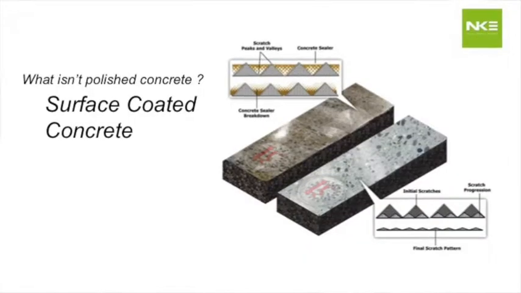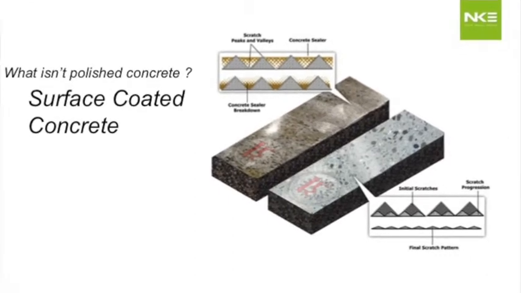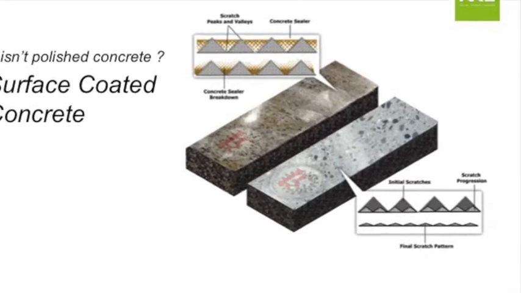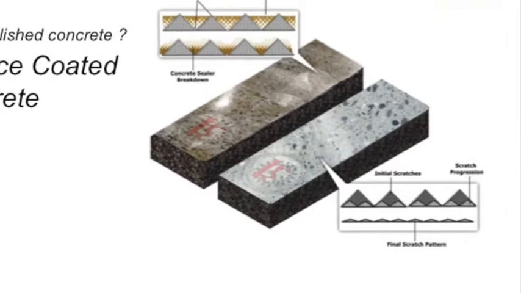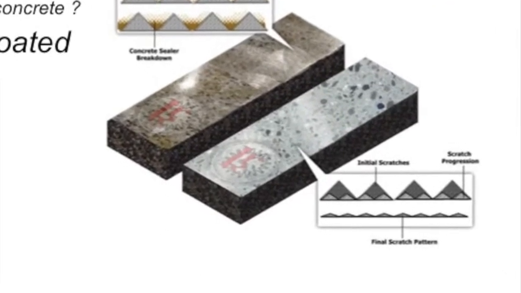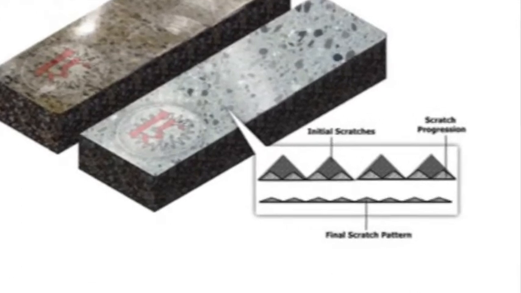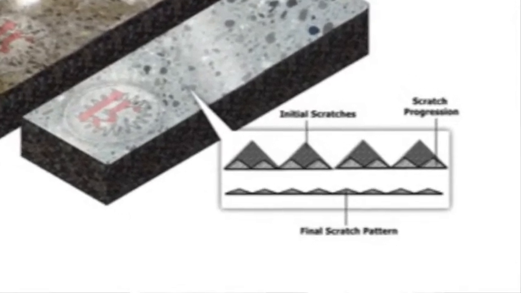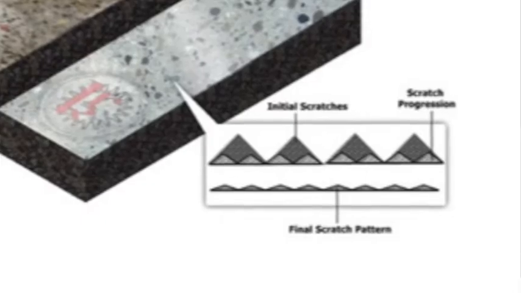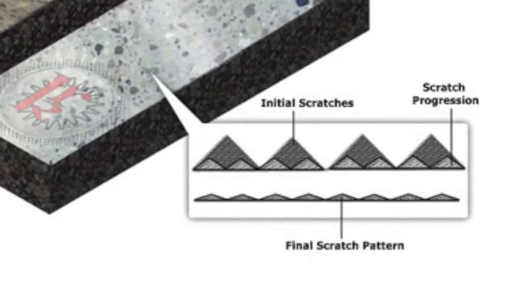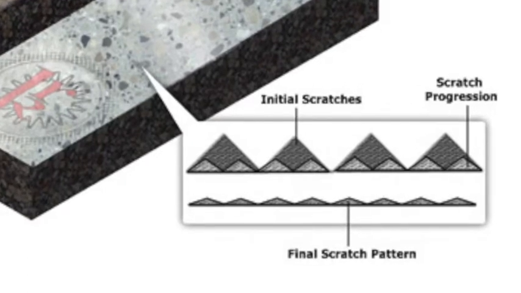But still, due to the initial grind's scratch patterns, the peaks and valleys on the floor are quite high. And this can have other effects, like the floors getting dirty, or you could have scuff marks, etc. So for the floor to perform well, you need to reduce the peaks and valleys mechanically so that the floor is almost flat, and that is done with good honing and mechanical polishing.